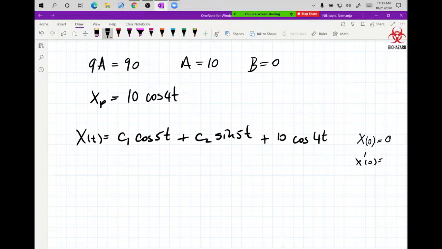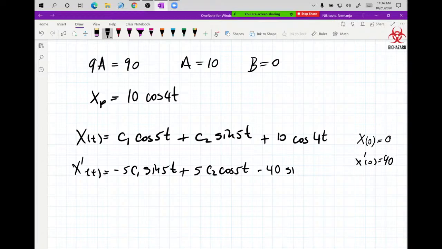For problem number 4 it was 90. So find the derivative, and then we'll compute everything. That's negative 5c1 sine 5t plus 5c2 cosine 5t. The derivative of cosine is negative sine, so negative 40 sine 4t.